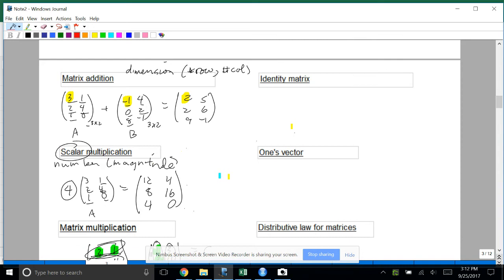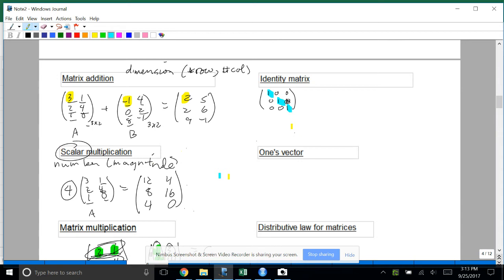So an identity matrix is a square matrix such that this is basically the multivariate equivalent of multiplying by 1. All right, so what it is, is a diagonal matrix where the diagonals are all 1.